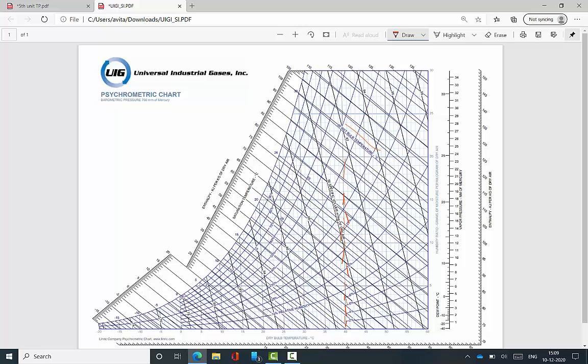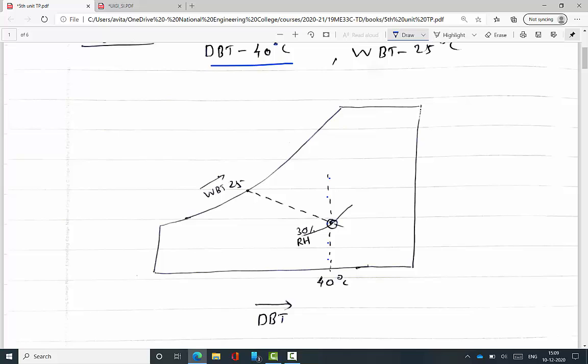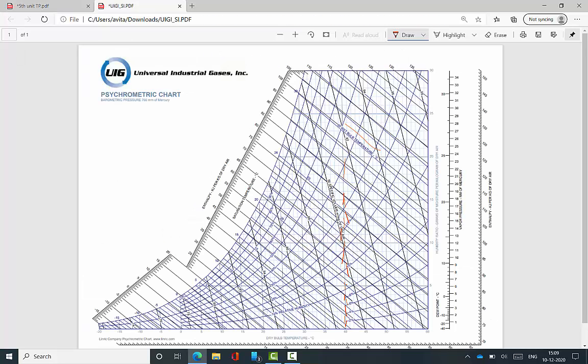Then the other data is 25 degrees Celsius WBT. The WBT lines are inclined, with values 5, 10, 15, 20, 25. I need this value only.